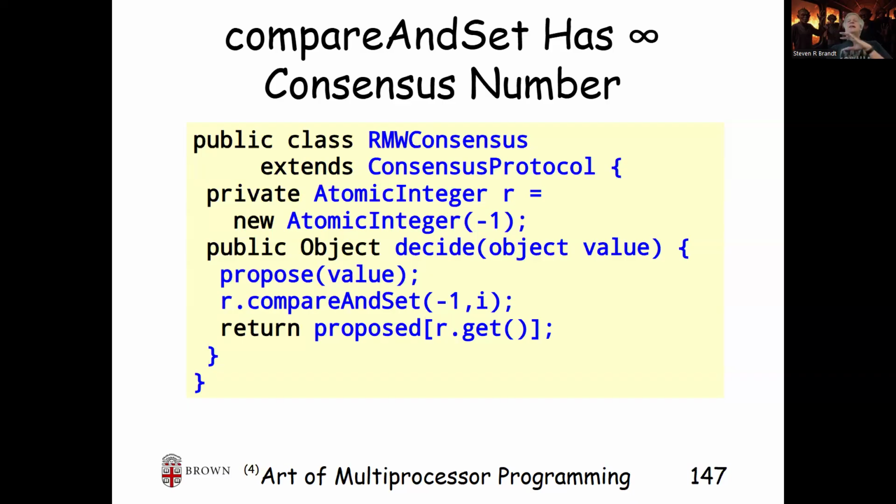So if you have that load exclusive, store exclusive, you can build compare and set out of that, and likewise you can build one from the other. But for whatever reason, at the lowest level of hardware, load exclusive, store exclusive seems to be the favorite thing, and I'm not sure why. People who design hardware have their own considerations, I guess.